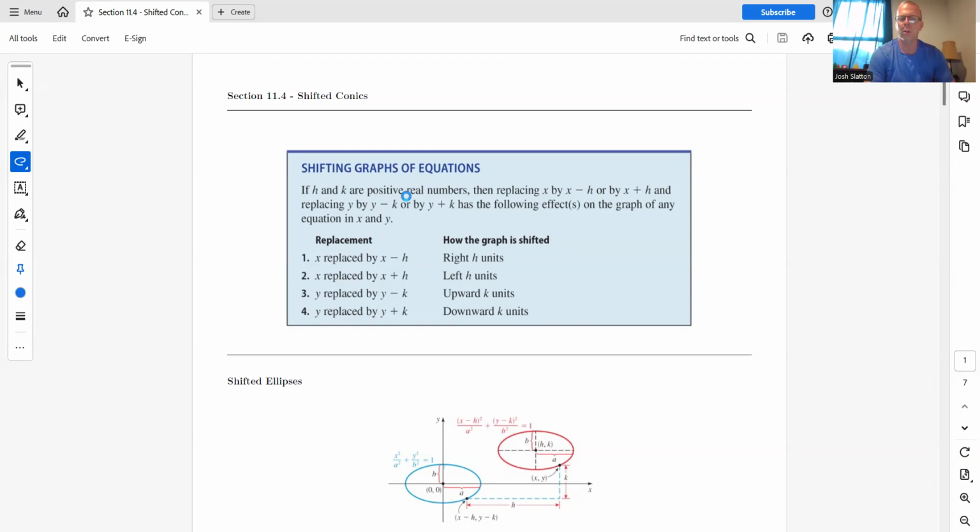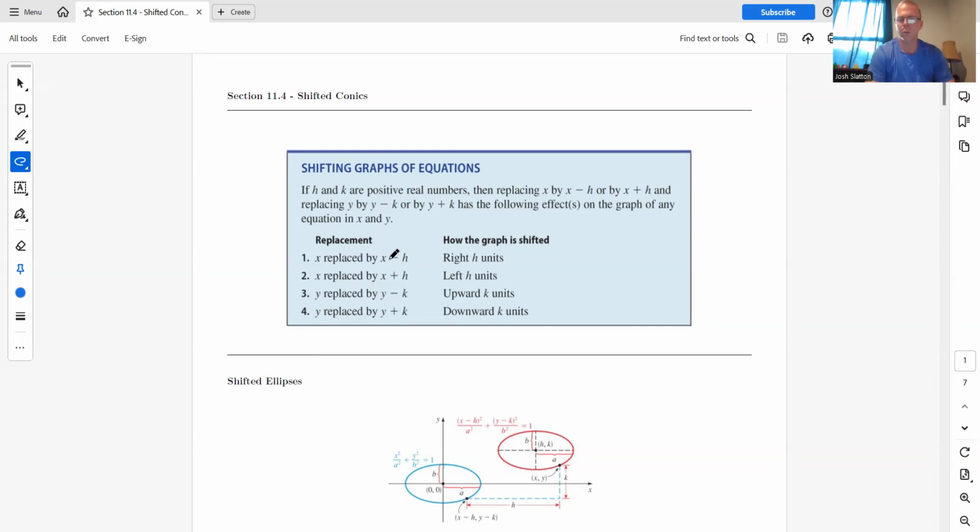So this is really just the left and right, up and down shifts. We saw those earlier in the semester, so you can refresh your memory on the rules here.